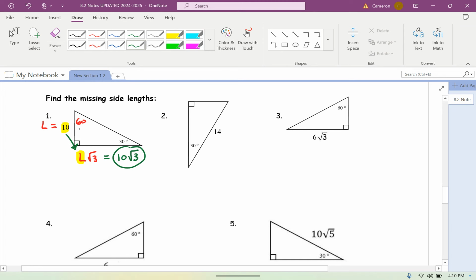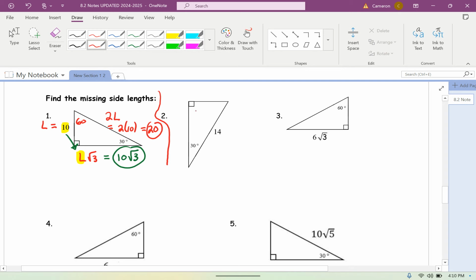To get to my hypotenuse from the short side, I want to do 2 times L. Since L was 10, if I double 10, I end up getting 20. 2 times 10 gives me 20. Okay. So hypotenuse is twice the length of the short side, and the medium side across from 60 is rad 3 times the length of the short side.